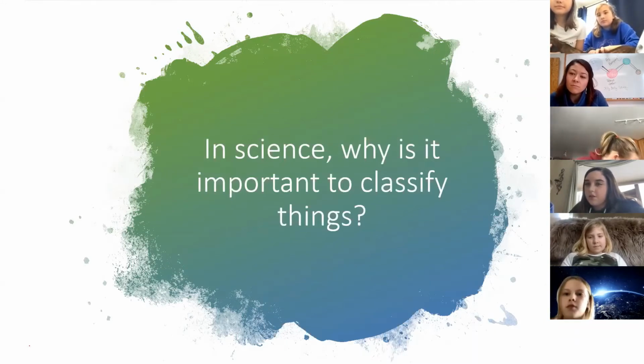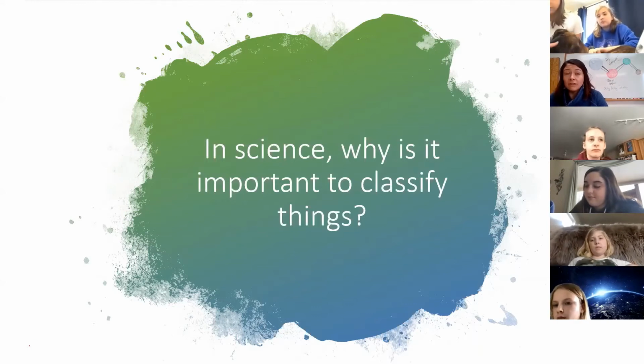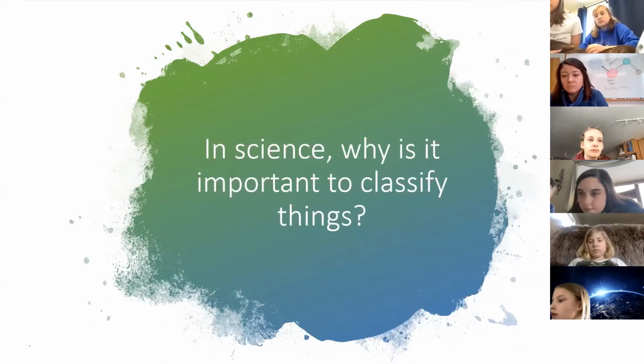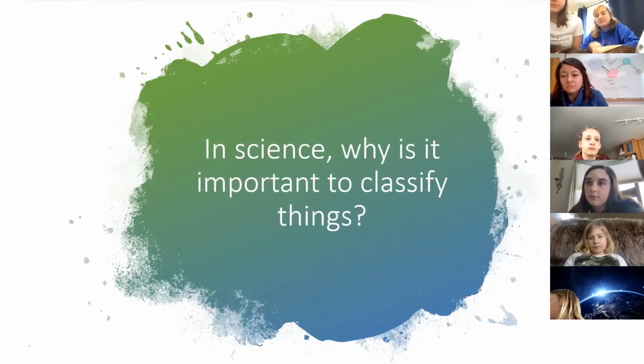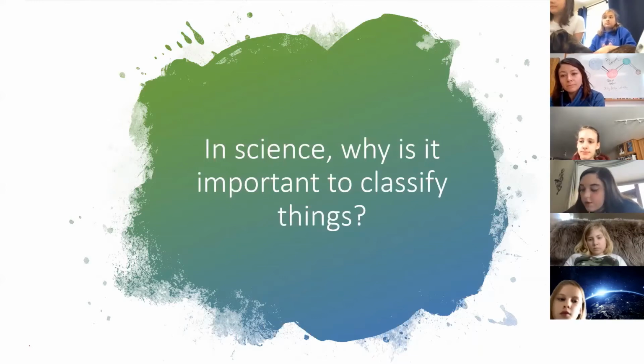So then you don't get confused with other things? Yeah, so you don't get confused with other things. Good. Anything else? Thoughts about why it might be important to classify things in a very specific way? So then maybe if you go looking for it, it's easier to find. Yeah, exactly, right?